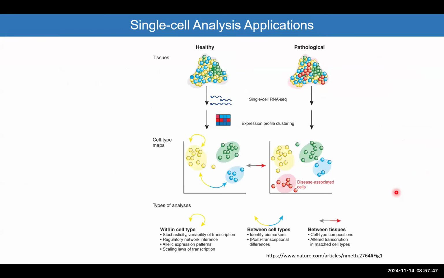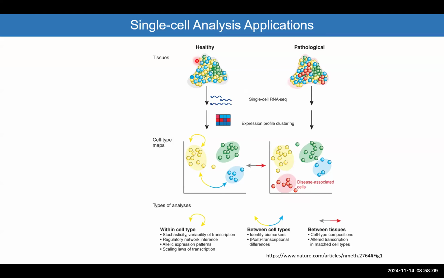And obviously, you can take healthy subjects or pathological subjects and do the RNA-seq on single cells. And if there is a population of cells that is really rare, that most of the time is masked by the populations of other cells, you can clearly identify that.